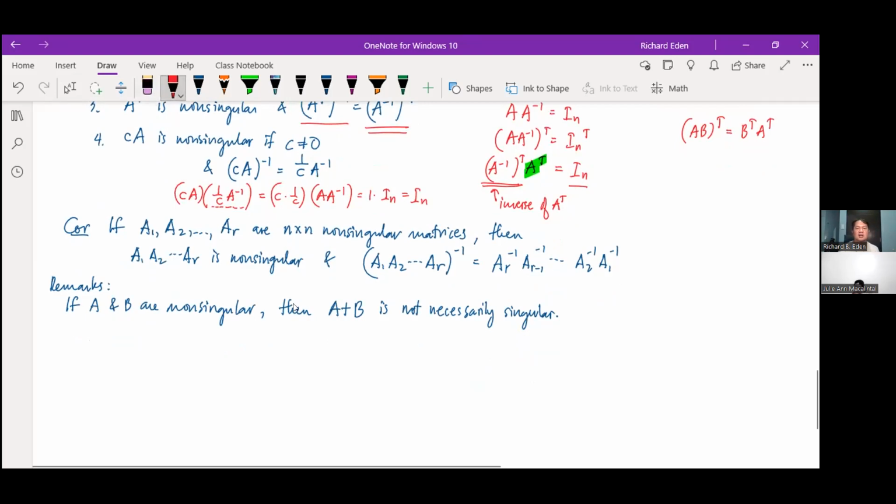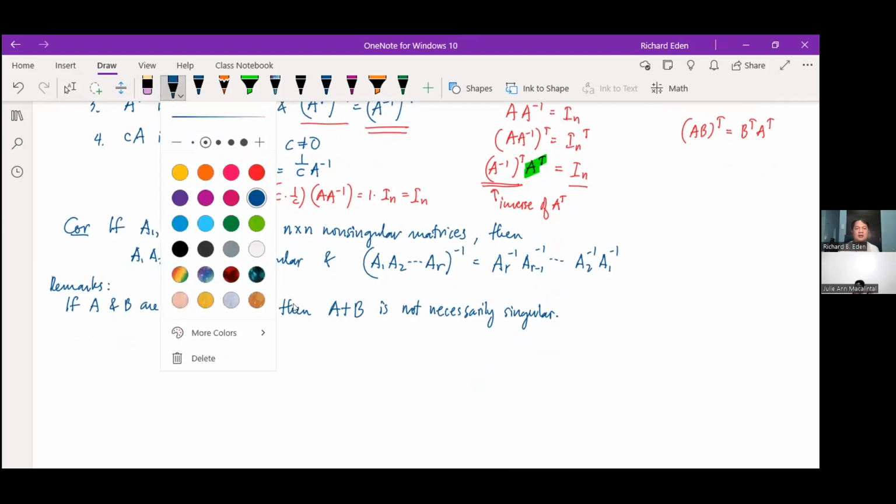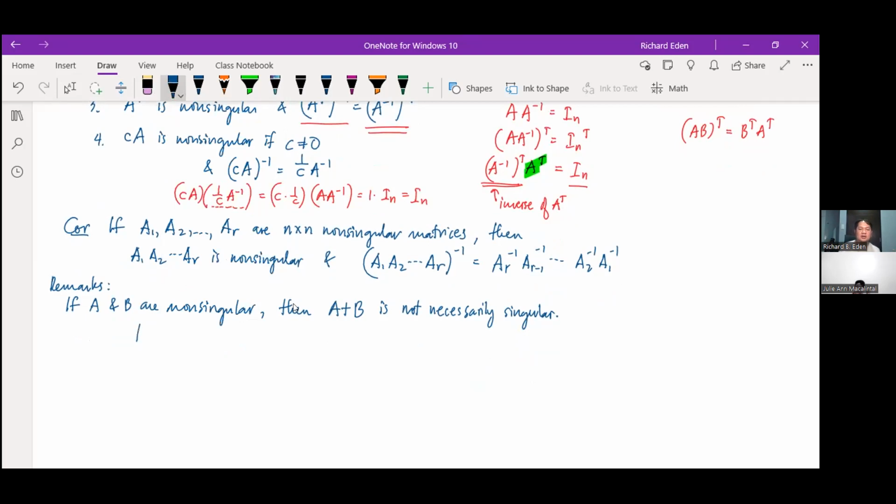But going back to A plus B is not necessarily singular. You can take, for example, B to be the negative of A, and if A is non-singular, then multiplying it by a constant like -1 to get matrix B, it would still be a non-singular matrix.